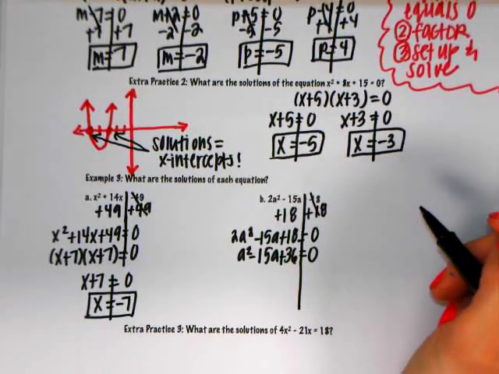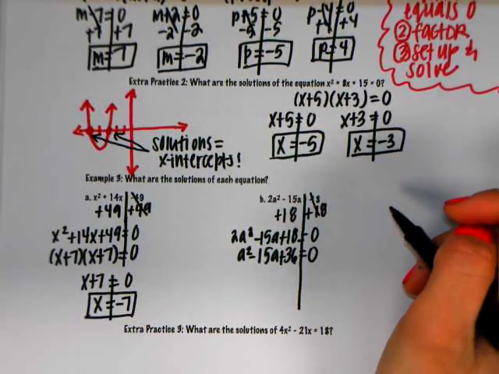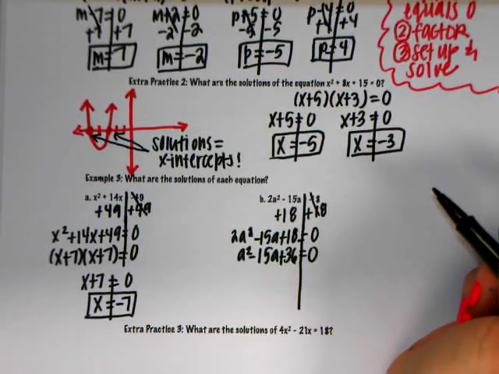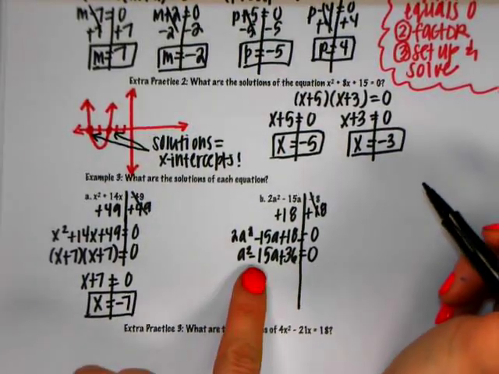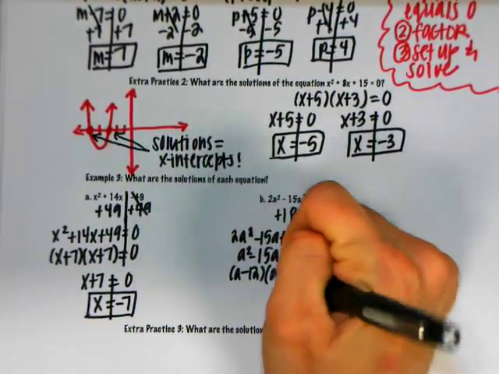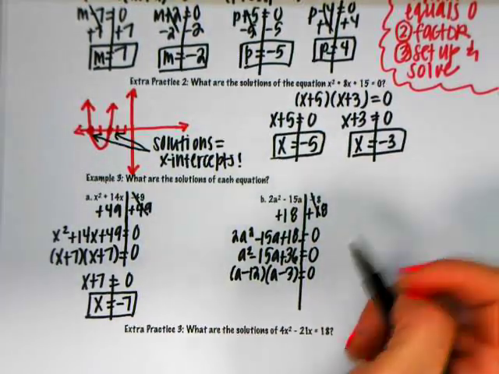And then what multiplies to 36 and adds to negative 15? 12 and 3, and then what are the signs? Yeah, they both have to be negative to make the negative 15. So a minus 12, a minus 3 equals 0. And then what do I do? Wait, they would both be negative?